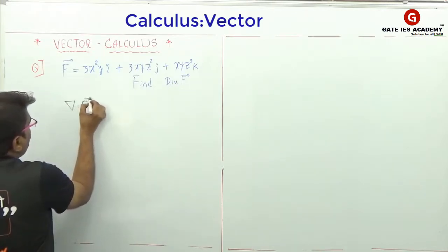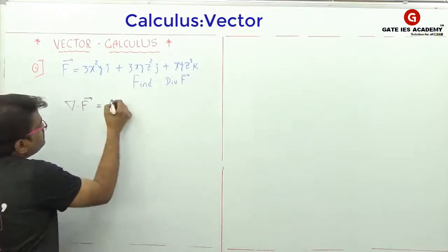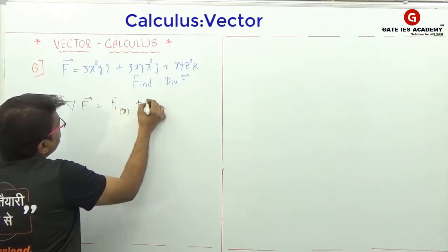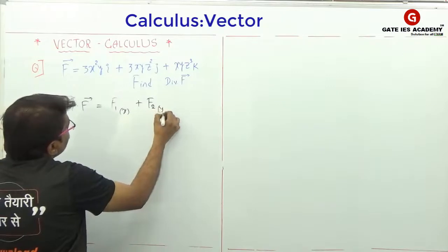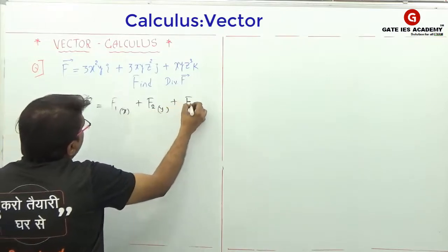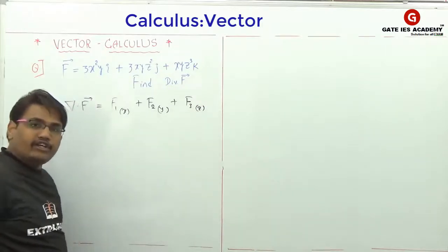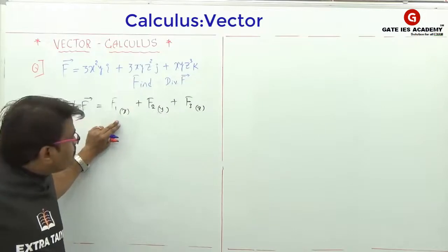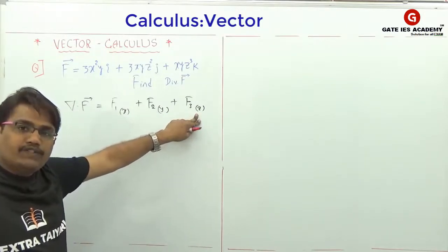Divergence is nothing but the dot product, right? So already we have discussed it, that is f1 with respect to x plus f2 with respect to y plus f3 with respect to z, differentiating partially.